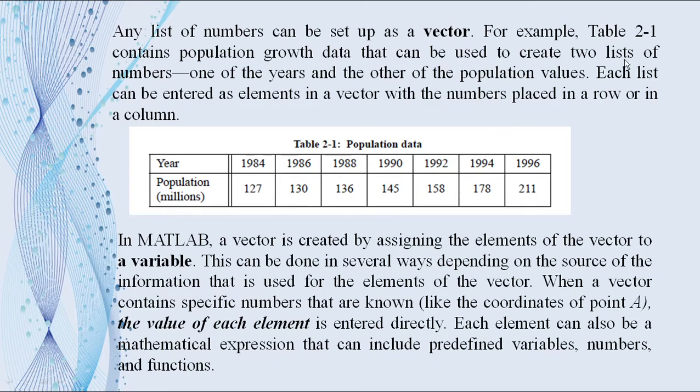It contains population growth that can be used to create two lists of numbers, one of years and the other of population values. Each list can be entered as elements in the vectors with the numbers placed in a row or in a column.